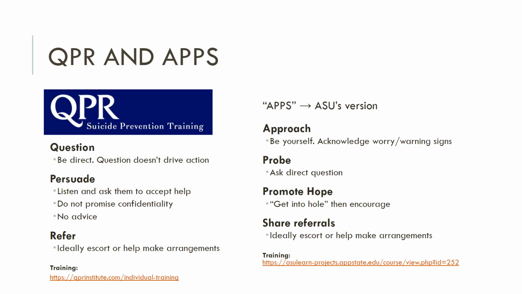In a nutshell, the approach basically takes the form of confidently asking the individual about whether or not they are thinking about suicide or thinking about killing themselves, being direct in the question versus beating around the bush, allowing space for the person to talk about what's going on, and then sharing referrals. This should be a private conversation versus public, obviously.